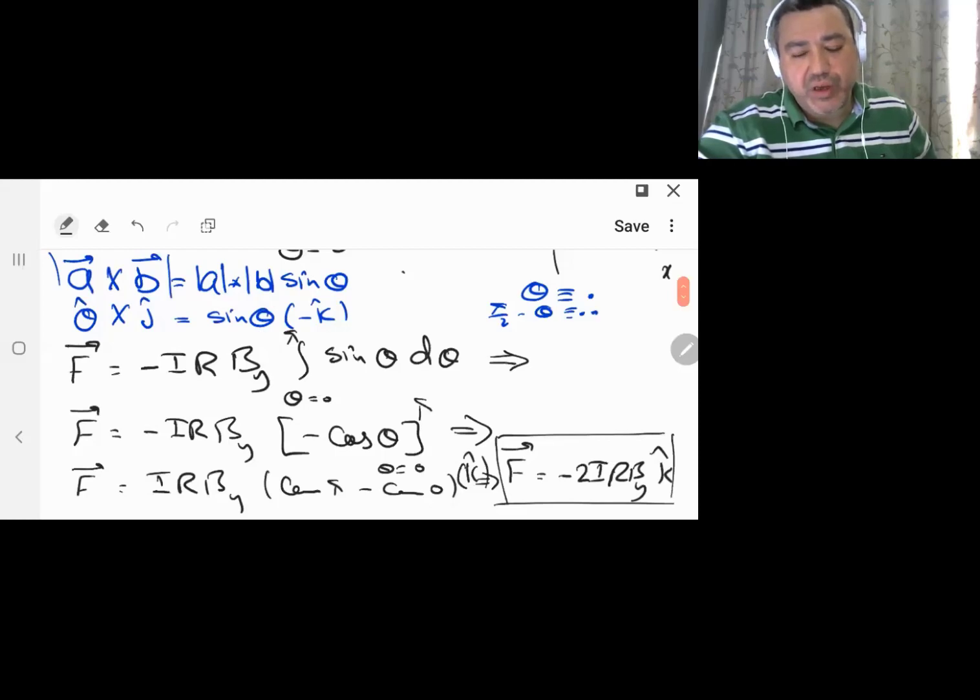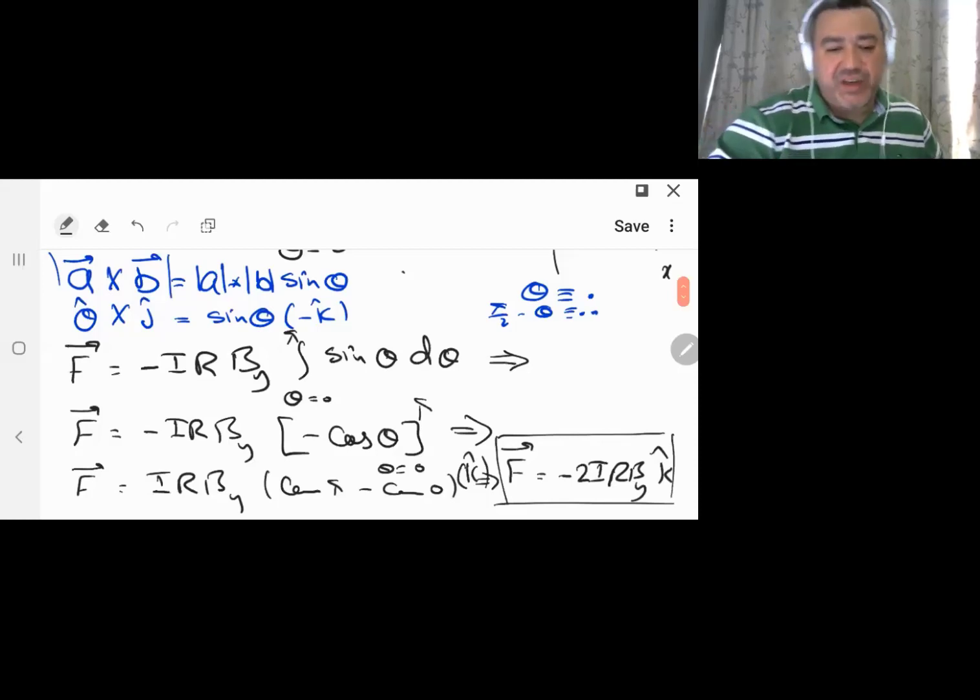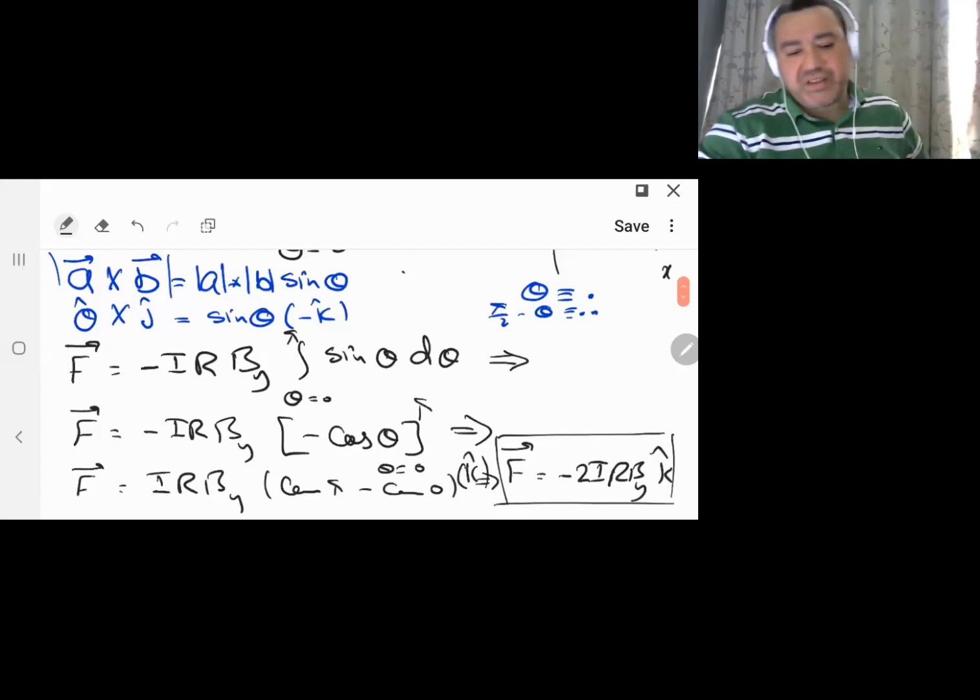Here we are talking about the cross product between the theta hat and the j hat with an angle of theta in between. The cross product of theta hat and the j hat is going to give you minus k hat. Since the angle theta is not 90 degrees, it will be sine theta minus k hat.